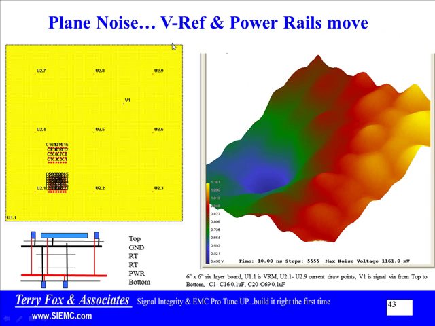Now, if you don't have enough capacitance between your power and ground planes, for example, here is a 6-layer board where I've got signal, ground, signal, signal, power, signal, and between the ground plane and the power plane, I'm showing a capacitor here and a capacitor here, and then this is an active device connected to the power plane and the ground plane, and then I've got some capacitors on the back side going to the ground plane and the power plane.